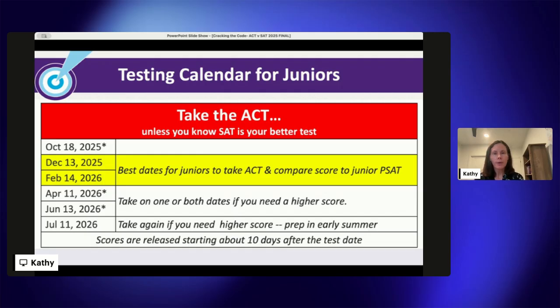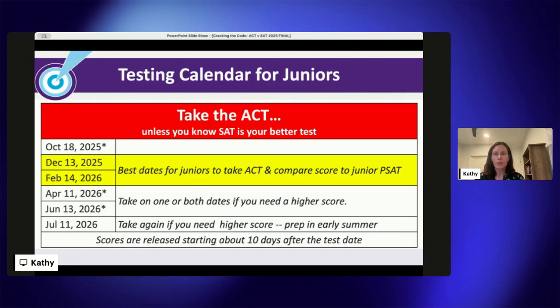So if you want to take the ACT, usually the best dates that we recommend are the dates following your October PSAT. And if you do get the option to take the PSAT, strongly recommend it.